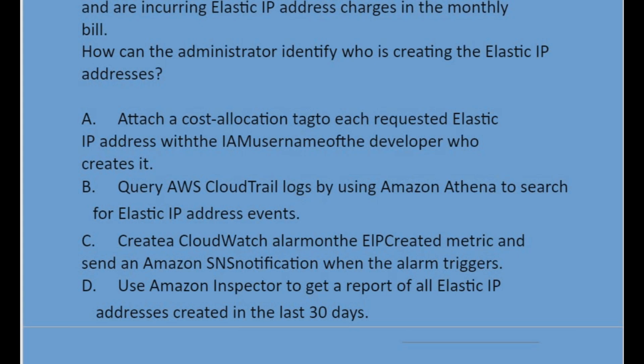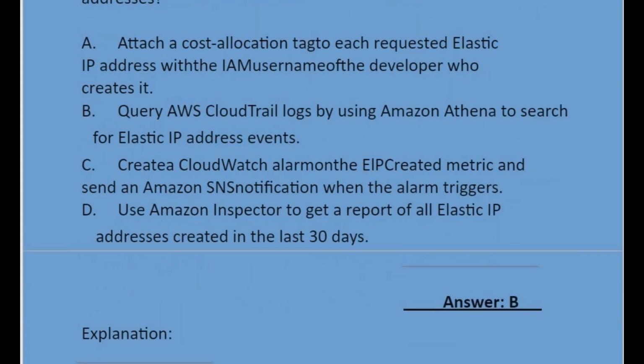Option C. Create a CloudWatch alarm on the EIP created metric and send an Amazon SNS notification when the alarm triggers. Option D. Use Amazon Inspector to get a report of all Elastic IP addresses created in the last 30 days. Correct answer is option B.